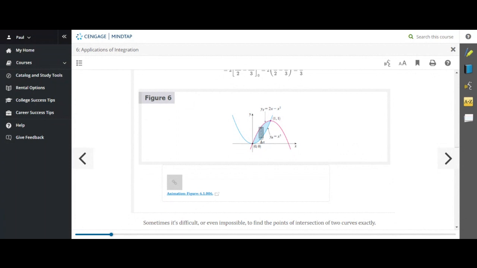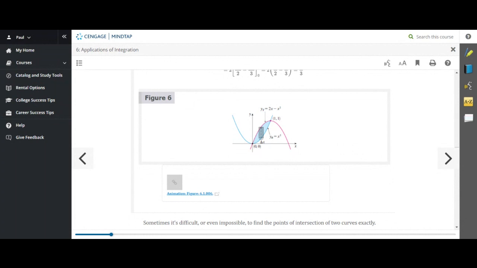Now you need to know where the area between them begins and ends, because we're going to be using vertical rectangles, in other words, integrating with respect to dx. Throughout the entire shaded region, the vertical rectangle starts at the bottom function and goes to the top function. It appears that the points of intersection between those two parabolas are (0, 0) and (1, 1).